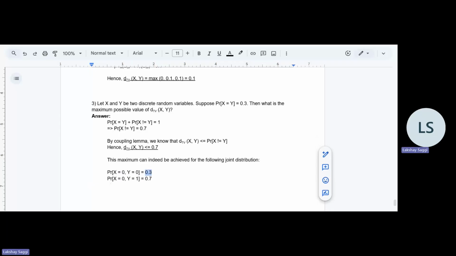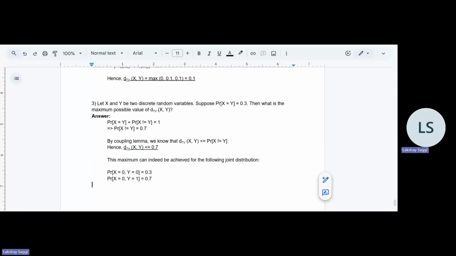If you take the event of the random variable taking the value 0, then x takes it with probability 1, y takes it with probability 0.3, and 1 minus 0.3 is 0.7. This is the total variation distance which we obtain. So this maximum can indeed be achieved, and the maximum possible value of the total variation distance is just 0.7.